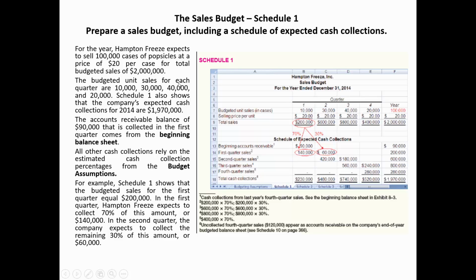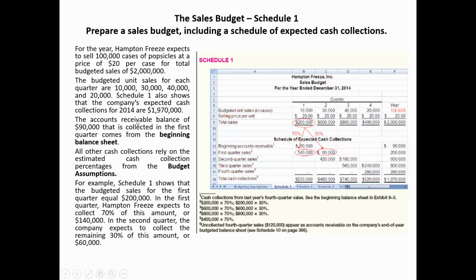The budgeted unit sales for each quarter, we see that. Schedule 1 also shows that the company expects to collect cash in the amount of $1,970,000. Well, why isn't that $2 million? That's because they're expecting to collect 70% in the quarter in which they make the sales and 30% in the subsequent quarter, and they're expecting to make all of their sales through accounts receivable.